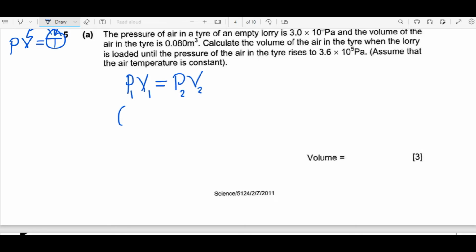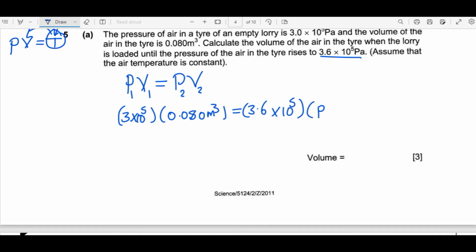What's our pressure? The first pressure, before the loading was done, was 3 times 10 raised to the power 5. Then volume 1 is 0.08 meters cubed. Then pressure 2 is given as 3.6 times 10 to the power 5, multiplied by volume 2, which is what we are solving.